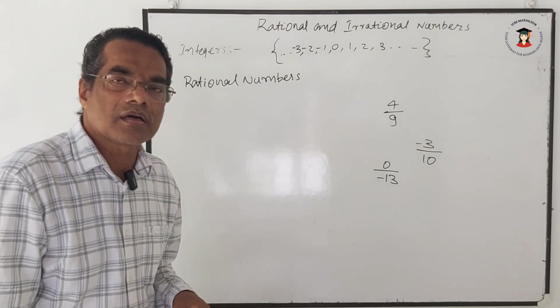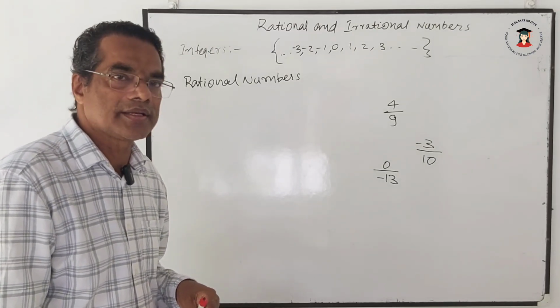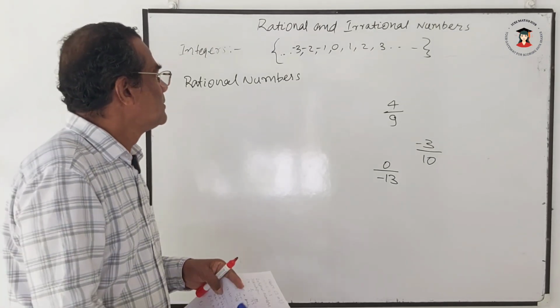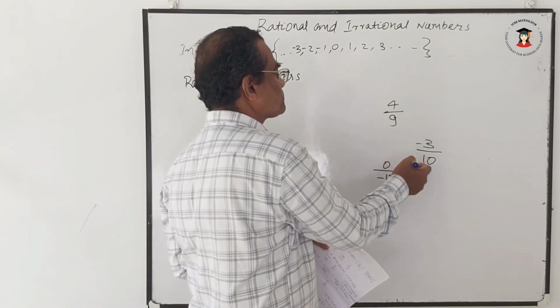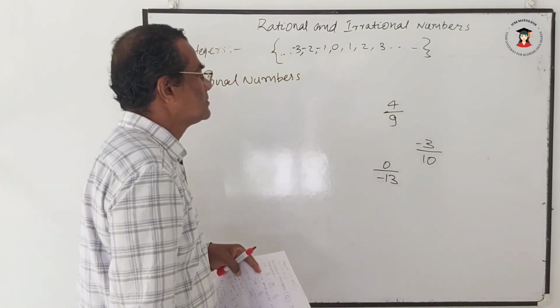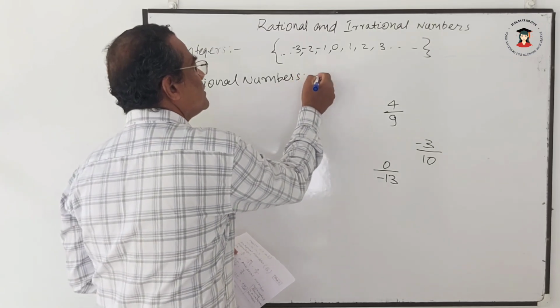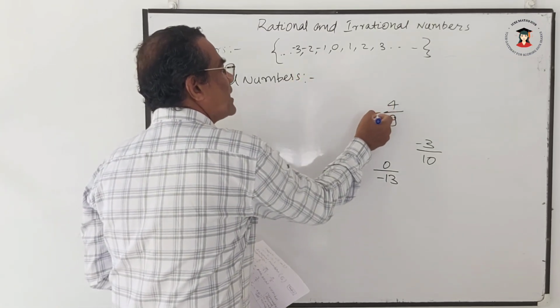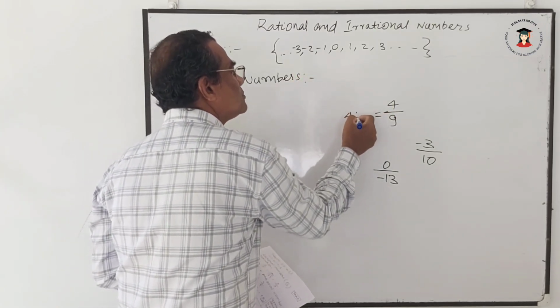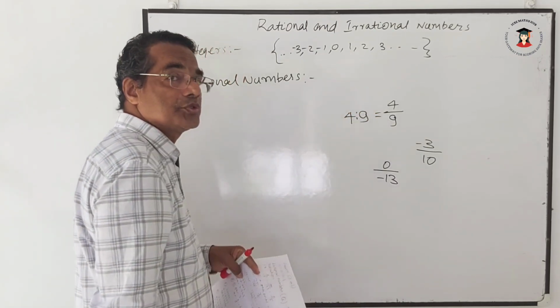These all are rational numbers. But there is a condition. 4 by 9 means it is 4:9. That is why I called it a ratio.